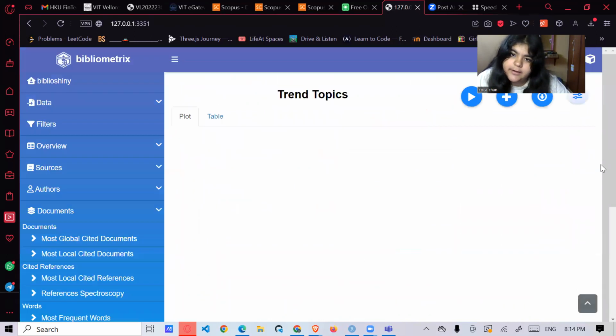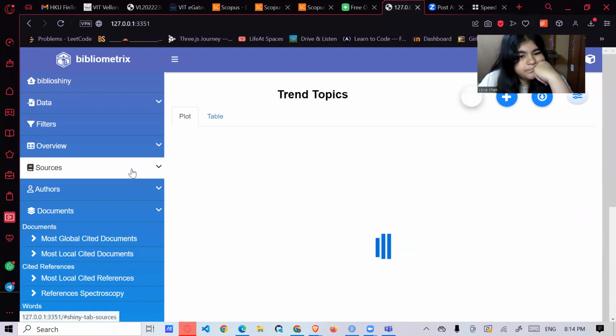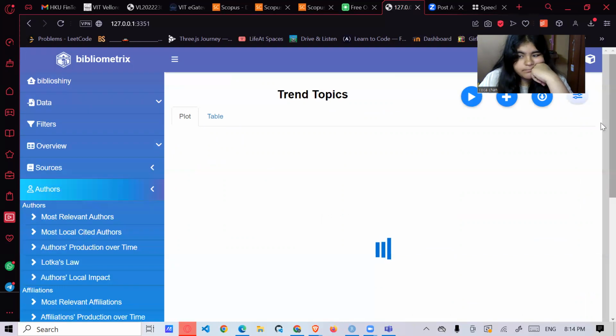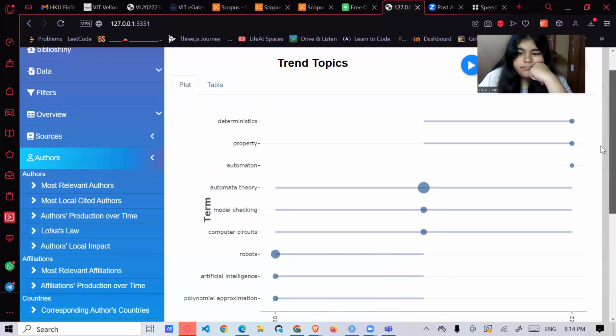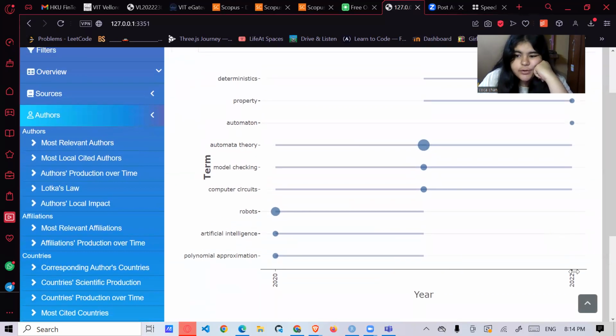Now we can see different trend topics too. It is similar to the previous one I showed. It talks about what topics and themes have been trending.